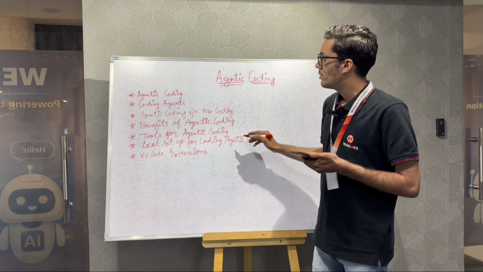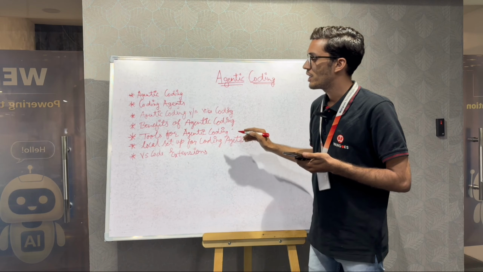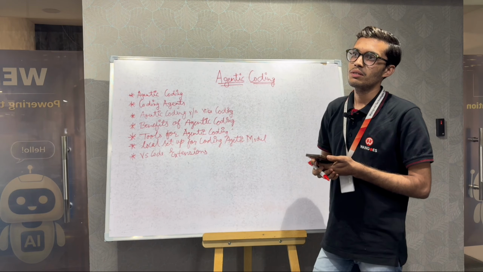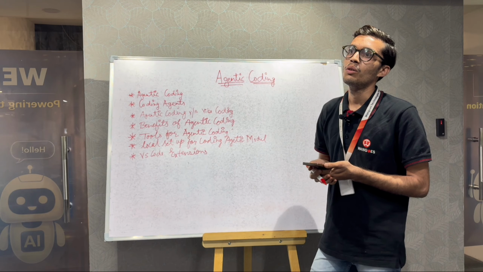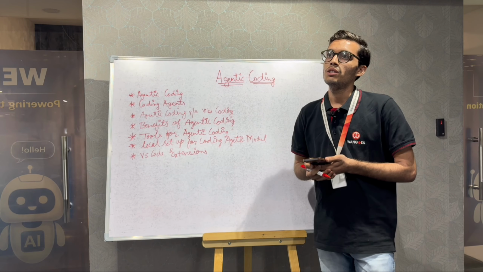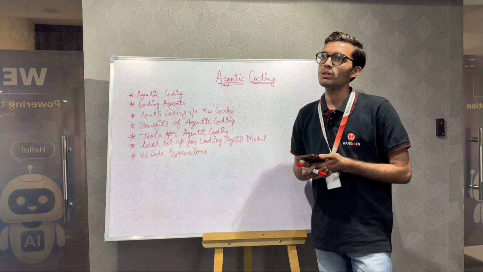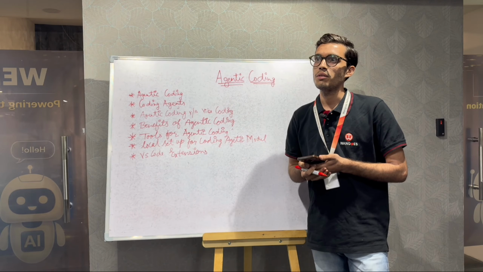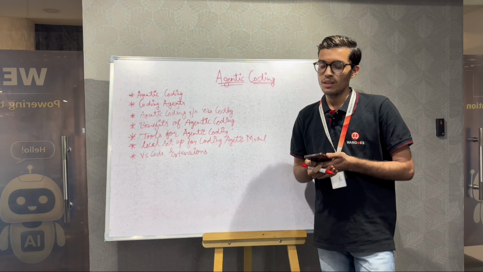Popular tools for using agentic coding, especially for local LLMs. First one is Ollama. Ollama is a platform in which we can install any free open source model and we can chat with it, we can generate code.